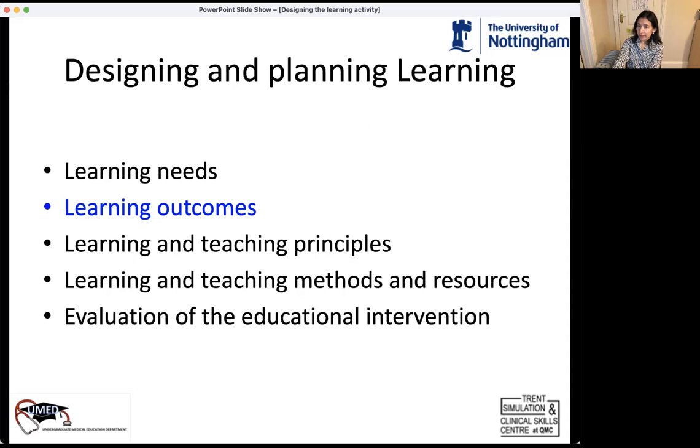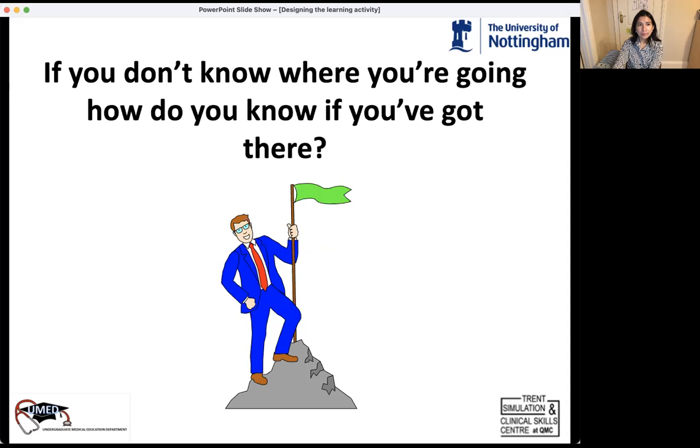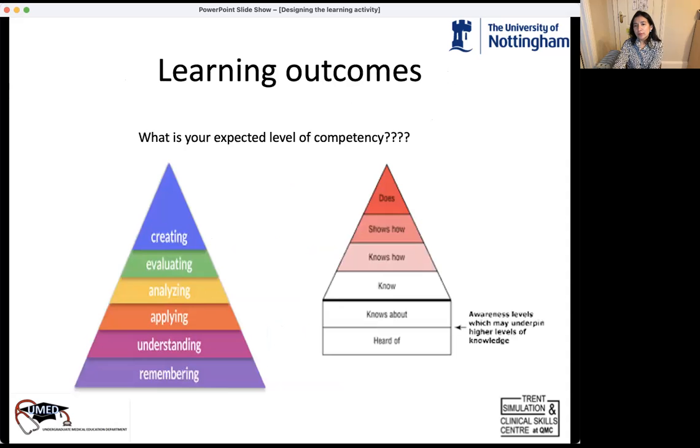Then the next important thing is to know clearly about your intended learning outcome for your session or your course. If you don't know where you are going, how do you know if you got there? To set a learning outcome, we use Bloom's taxonomy for knowledge teaching and Miller's triangle for the skills.